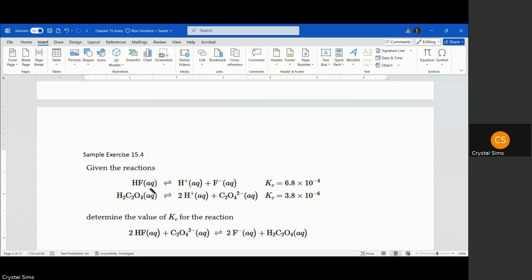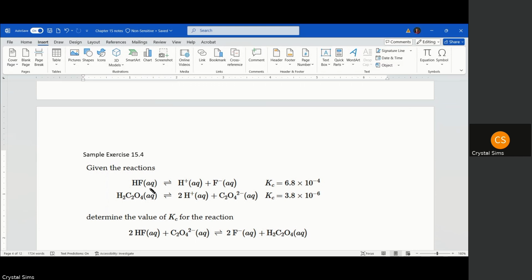Notice there's a 2 there, okay? We have, from the first equation, an F minus ion. We have the same thing here, again, with a 2. We also have an H here, which is not in our overall equation, but that's okay.